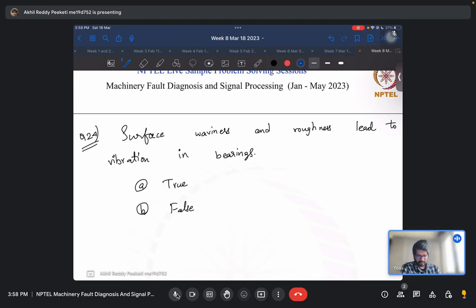The answer is true, as we saw in the last question. The surface waviness and the roughness actually lead to vibrations in the ball bearings.